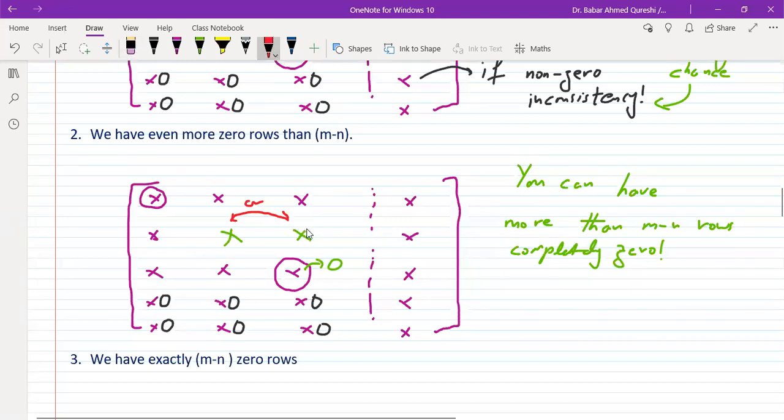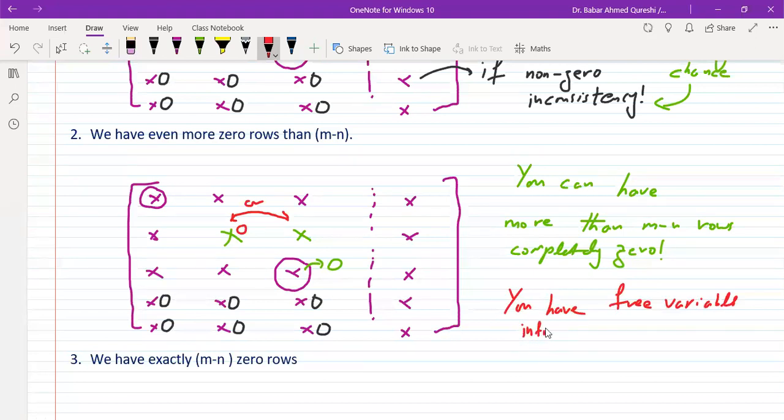So like over here, the third variable is free, while if I make this zero and this non-zero, then the variable x2 becomes free. Then you have free variables and hence an infinite number of solutions.